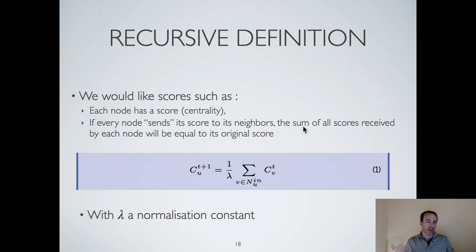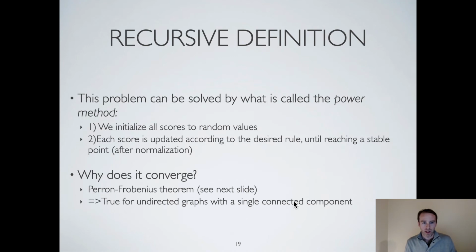So the sum or the average will be equal to its original score. If I have many neighbors which are important, they send me a high score, and so my score will be even more important because it will be the average of many important scores, the sum of many important scores. So it's defined like this.